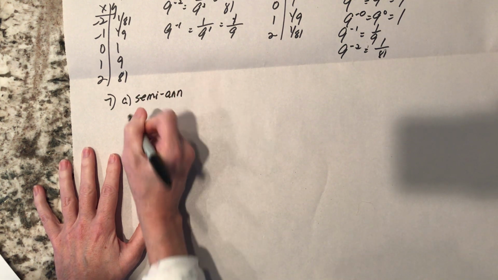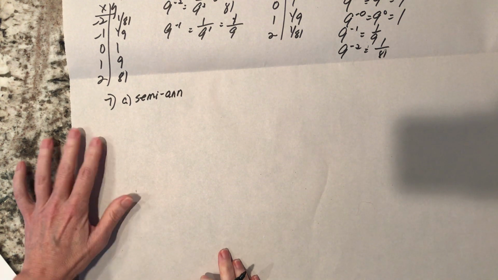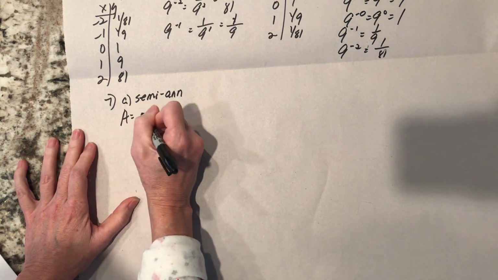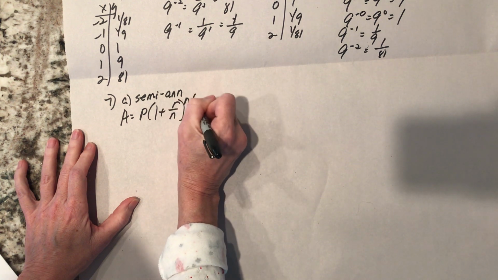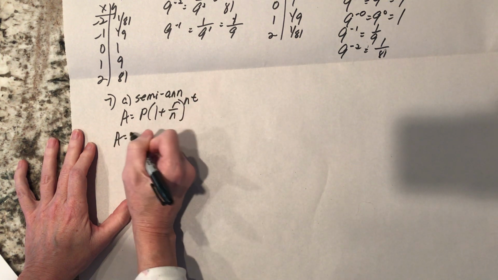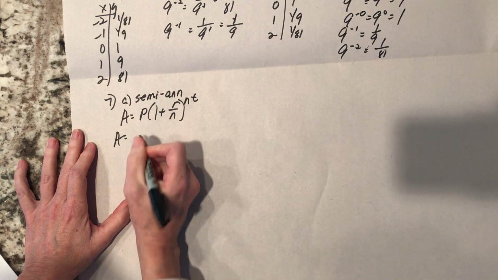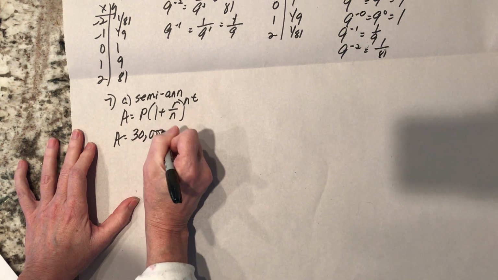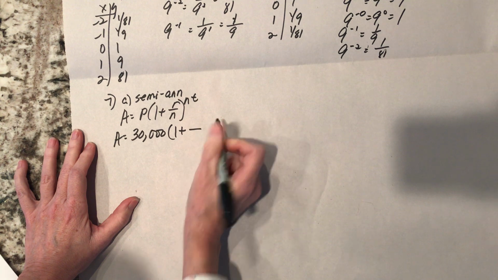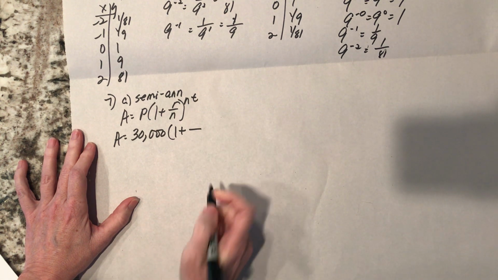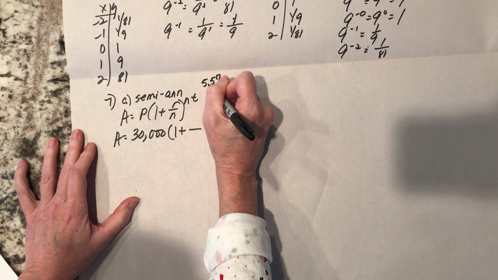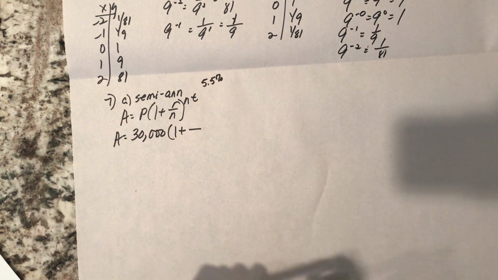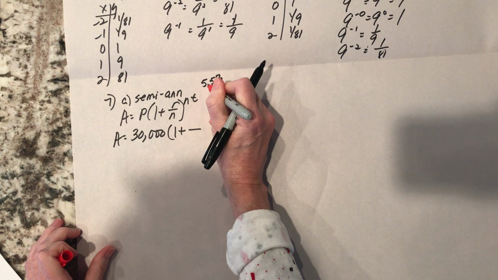So the compounding formula is the busier one. The principal for this problem is $30,000. The rate here, they tell you, is 5.5%. 5.5% is the equivalent of, remember, you take that decimal point and you move it 2 places to the left.